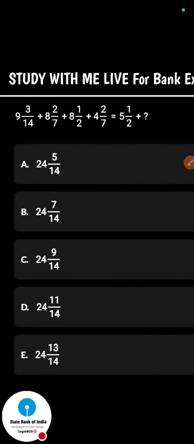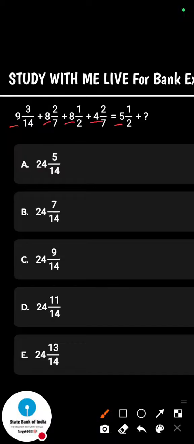Let's see this question. Here we need to first simplify these things. 9 plus 8 17, 17 plus 8 25, 25 plus 4 29, 29 minus 5 24. Okay, next one is fractions. 3 by 14 plus 2 by 7, instead of 2 by 7 we write this as 4 by 14.